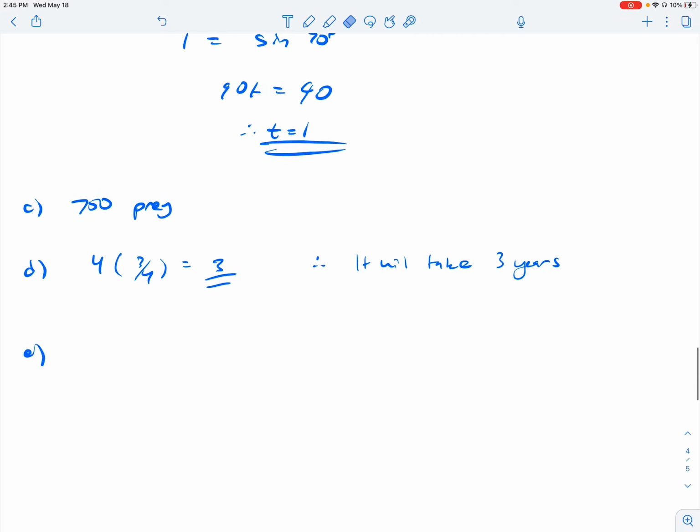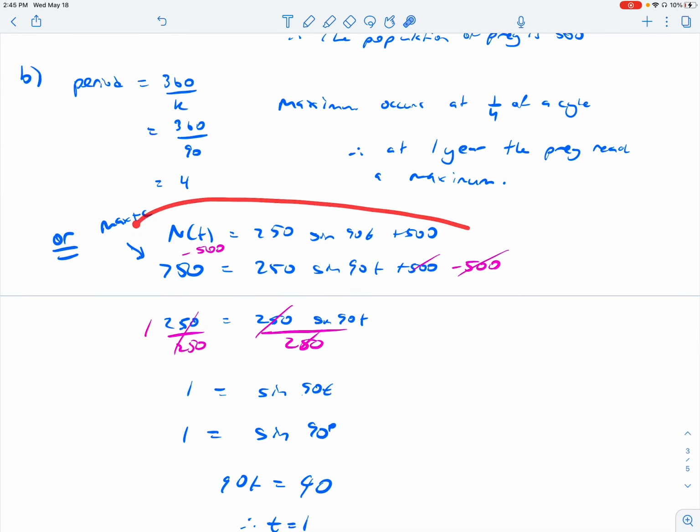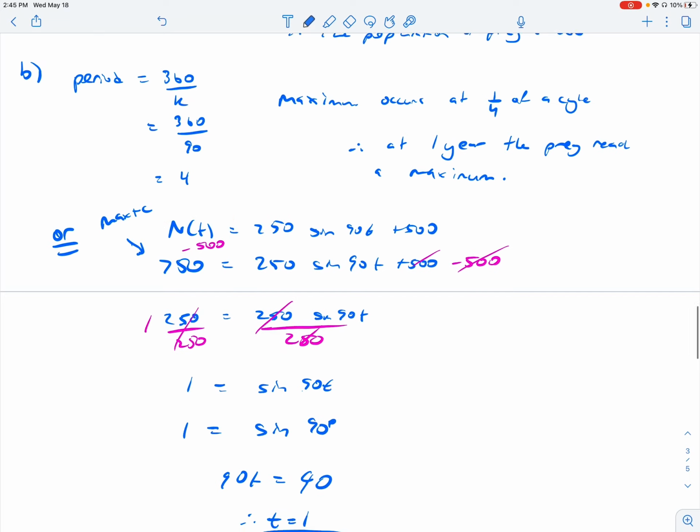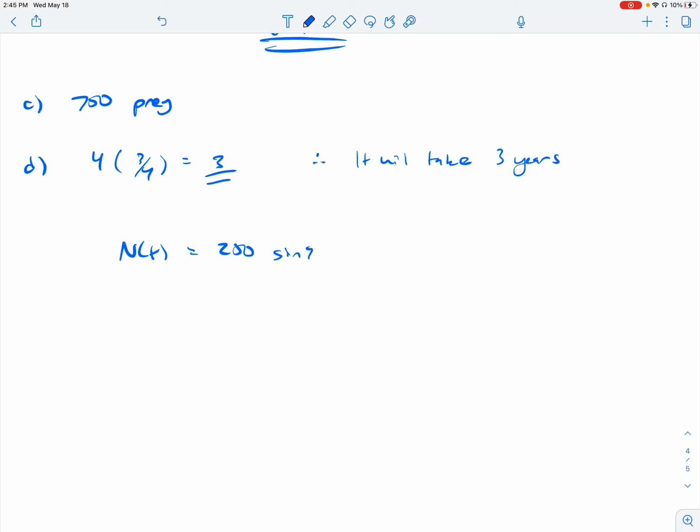Okay, this also could be done algebraically too, like how we did with the equation up here. We could find our minimum and plug that in. So I'm actually going to show that before we start. Let's just write everything out first. 250 sine 90t plus 500. Okay.